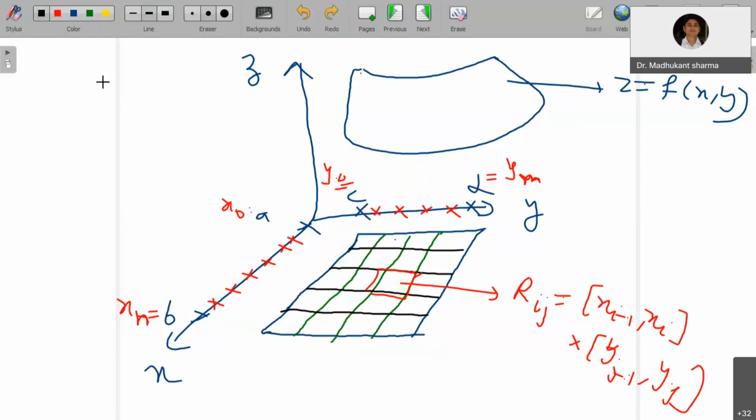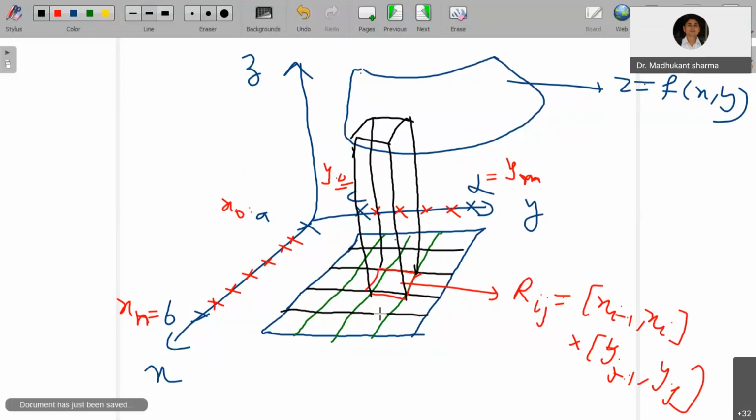Maybe black is fine. So in the z direction, how will you find the volume of this? You need to identify a height.